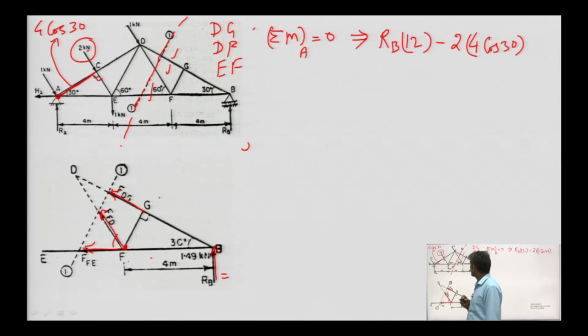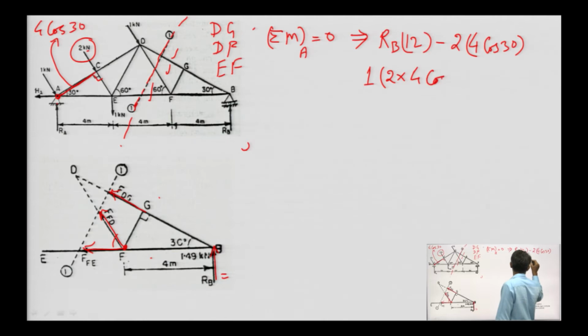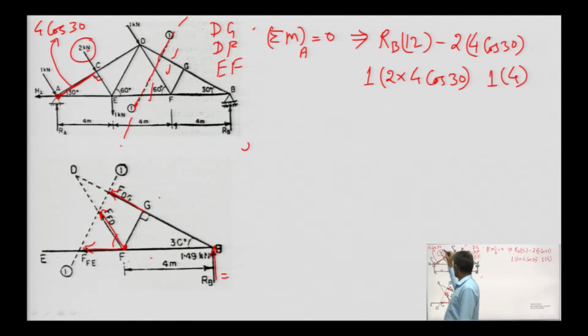Similarly, this one is 1 kilonewton, so 1 multiplied by the perpendicular distance, which will be 2 times this distance, so 2 into 4 cos 30. Another force, this one, is 1 kilonewton, and the perpendicular distance is 4, so 1 into 4, and the direction is clockwise, that is why it will be a minus sign.